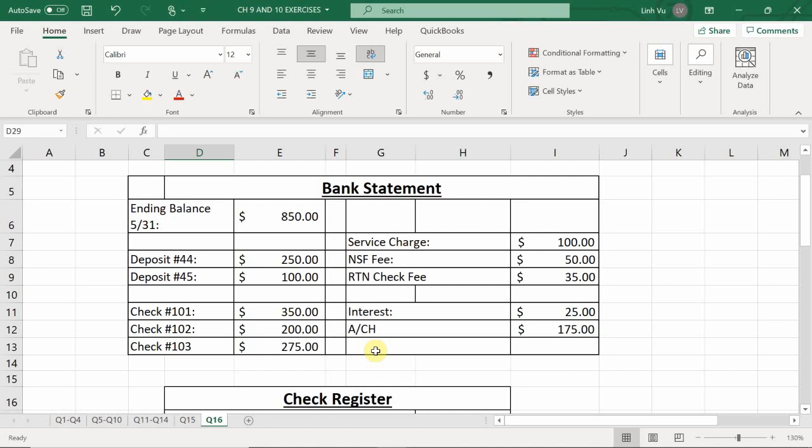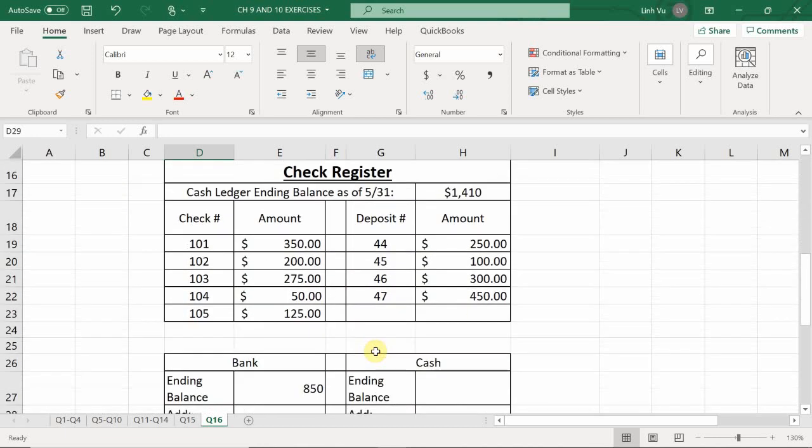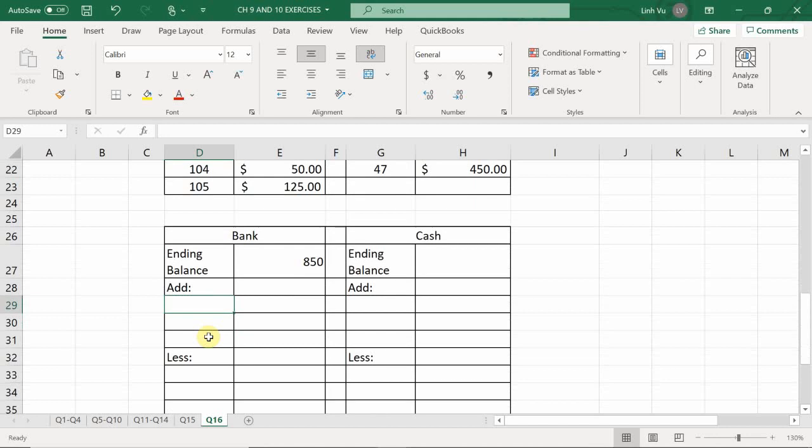So that means I'm missing 2 deposits, okay? 46 and 47, which in this case were $300 and an additional $450. So in this case, I'm going to make a reference that this is deposit number 46, which is a total of $300. And then the deposit of 47, which is a total of $450. Okay.